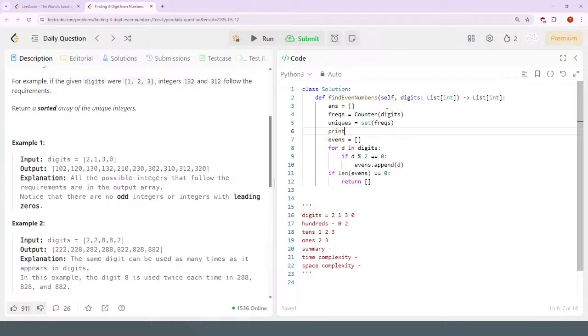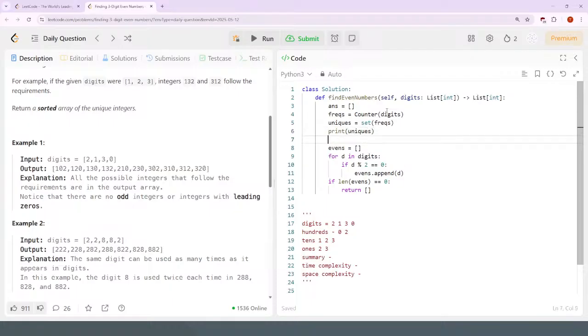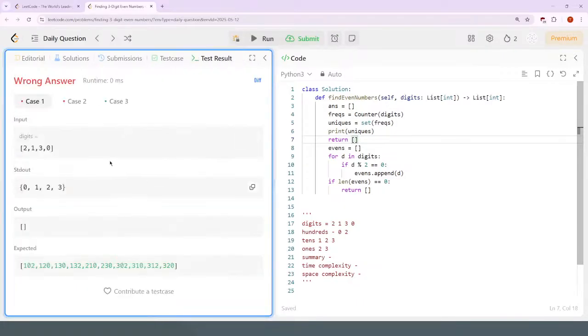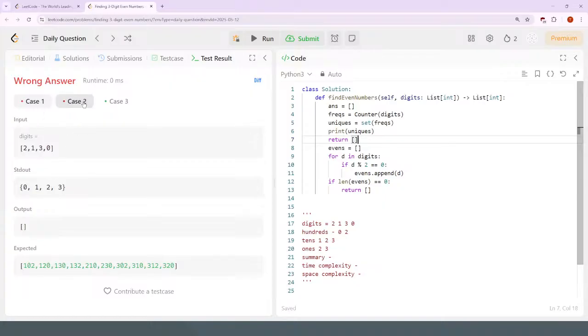Let me print that out to make sure it is what I think it is. Yeah, okay, so 0, 1, 2, 3, 8, 2, 3, 5, 7.